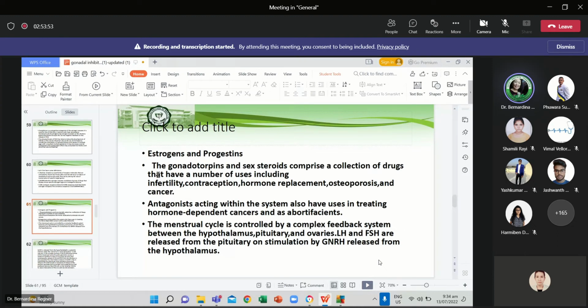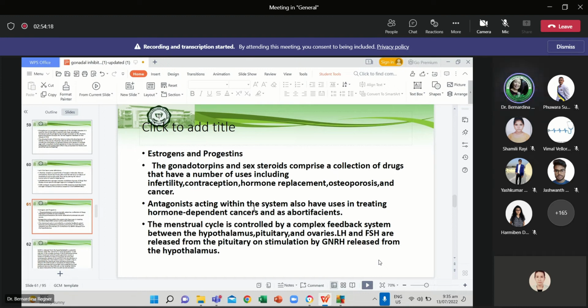Number 3, HRT or hormone replacement. Number 4, osteoporosis, which is exemplified by raloxifene, and cancer or anti-cancer, which is exemplified by mifepristone and your finasteride. Antagonists acting within the system also have uses in treating hormone-dependent cancers and as abortifacients.